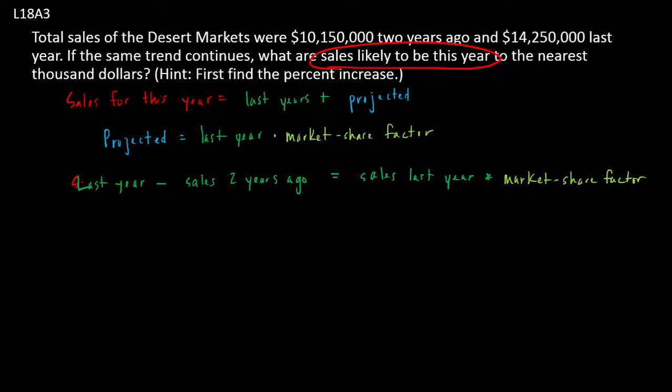All right, so let's plug in the information we know. We know that the sales last year were 14,250,000, and we know that the sales 2 years ago were 10,150,000. So that's going to be equal to the sales from last year times the market share factor, but I don't know the market share factor, so I have to leave that.